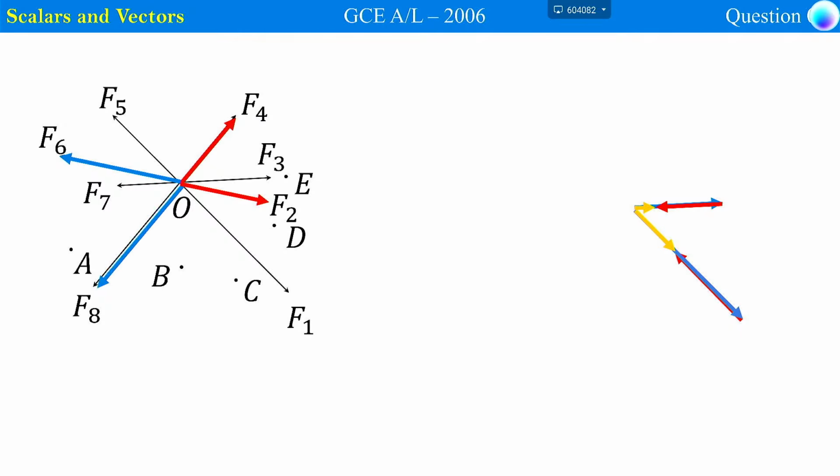Then I have F8, which is opposite to F4, so I can get the resultant. Now I have three vectors. Now I have to take F6 and F2, and the resultant. Now I have 4 vectors. Earlier I had 8, I reduced to 4.